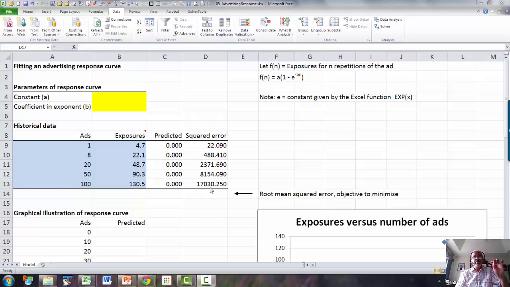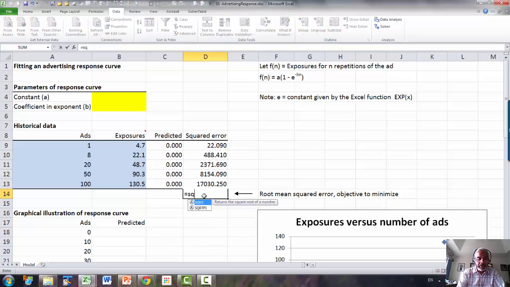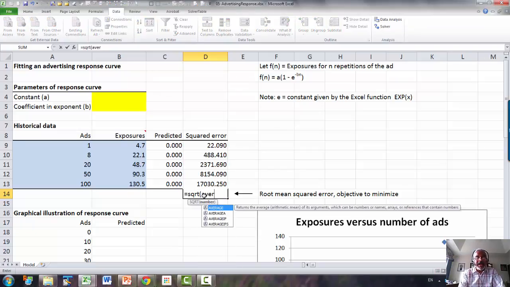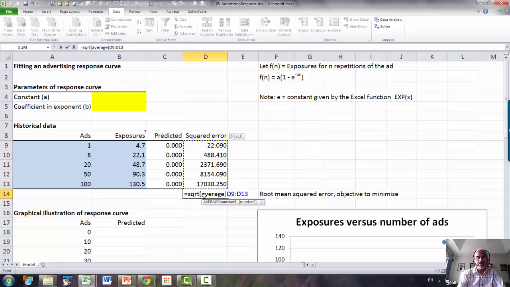That will be the mean square error. But what we want is the square root of that, so we start with SQRT of the average of the squared errors. We need two parentheses, and this is called the root mean square error.